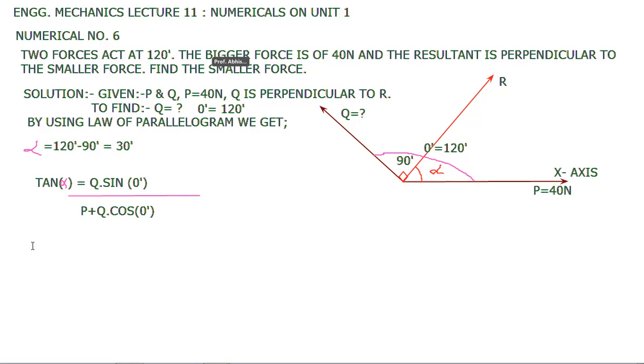Tan of 30 is equal to q sine of theta, where we don't know the value of q and theta is 120 degrees, divided by P plus Q, where the value of P is 40 Newton plus the unknown Q, multiplied by cos of theta, and again theta is 120 degrees. So now put the values here.